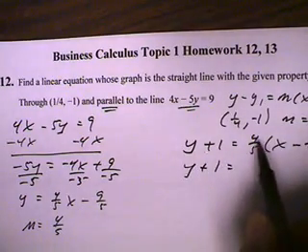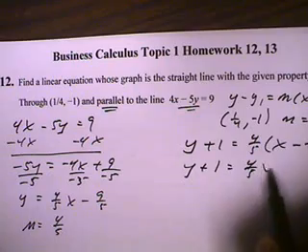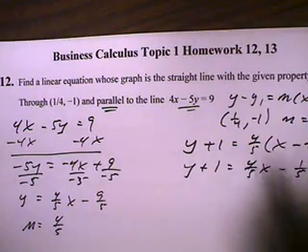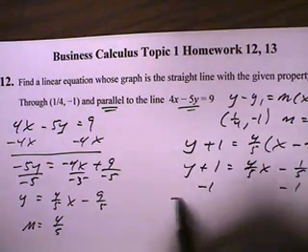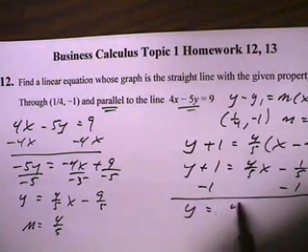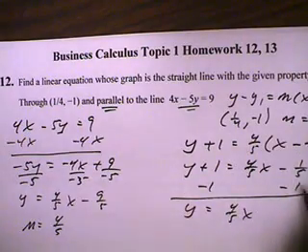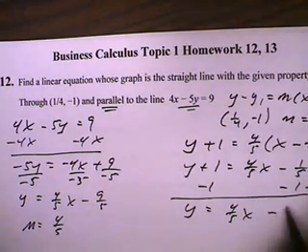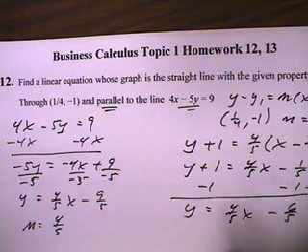I will distribute my 4/5, and I'll get 4/5 x minus, the 4's will cancel, and I'll get -1/5. Now I'll subtract 1 from both sides, and I end up with y equals 4/5 x. When I add the -1/5 and the -1 together, I can add a -1/5 and a -5/5 together, which would be a -6/5. And this will be the equation of my line.